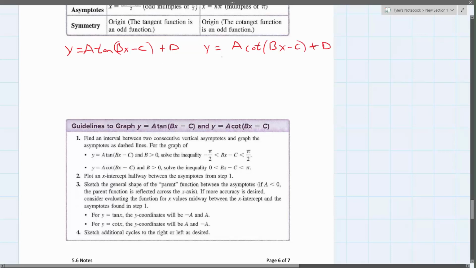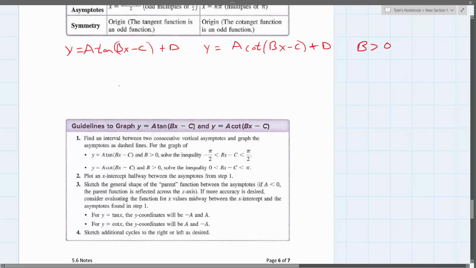Right, so these are just those generic forms that we've been looking at all along. And here, remember, we're assuming that b is bigger than 0. And if b is negative, we looked at how we can factor out the negative from the bx minus c, and then rewrite it using even and odd functions.